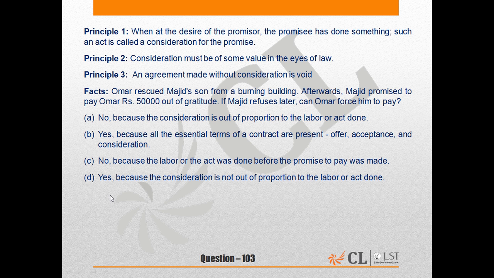Therefore, Omar cannot force Majid to pay the amount because it was later that Majid promised to pay, and that too out of gratitude. If Majid refuses later, Omar cannot force him to pay. Therefore, the correct answer option is option C. No, because the labor or the act was done before the promise to pay was made.